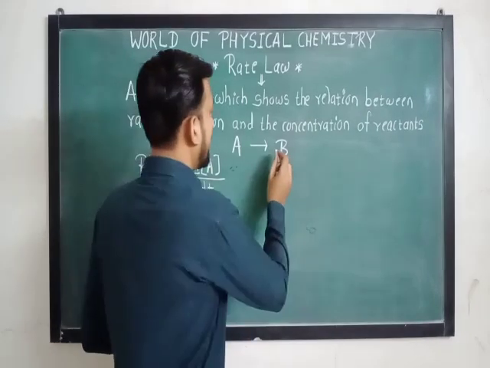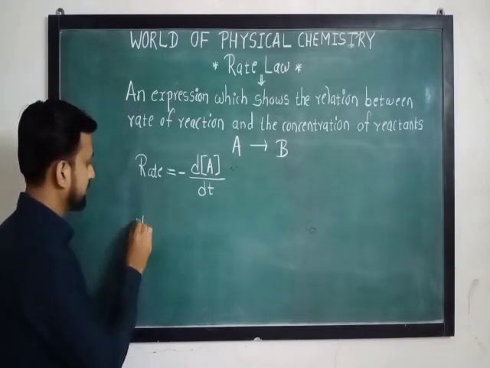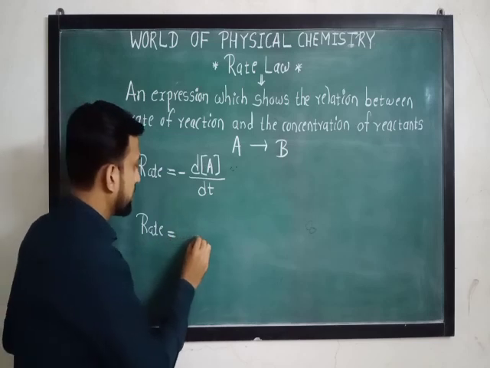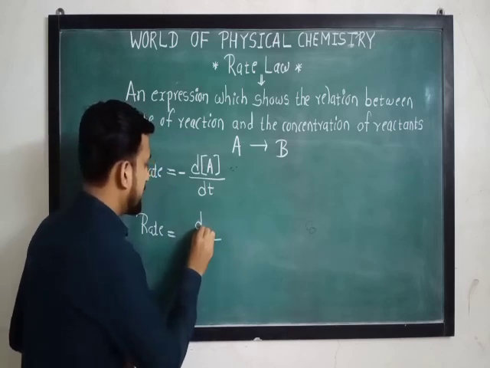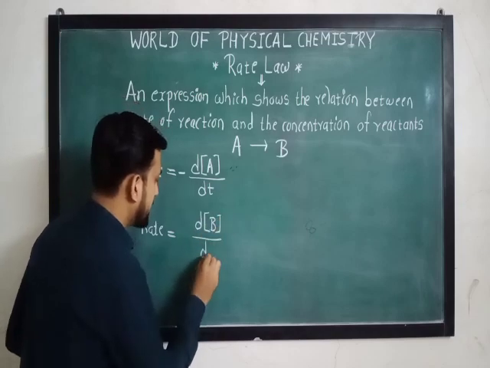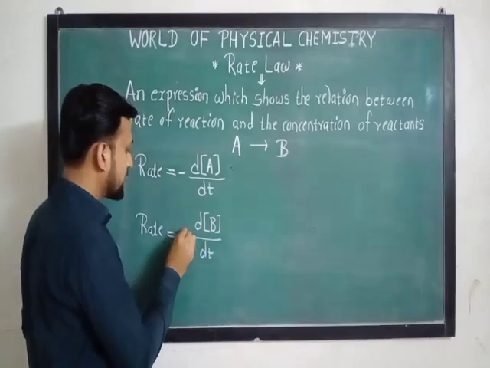Similarly, for B, rate is equal to the change in concentration of B with respect to change in time t. Here B is forming, therefore we put a positive sign.